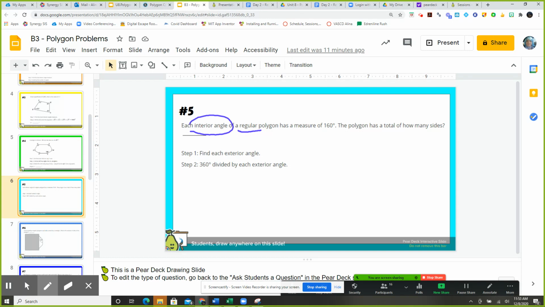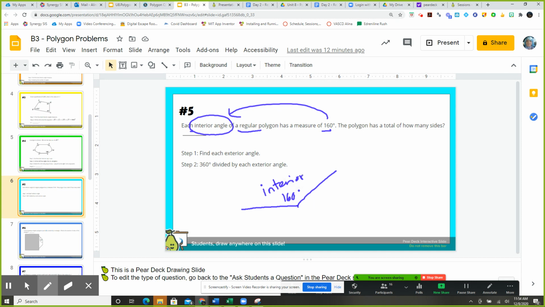But what does that 160 refer to? It talks about the interior angle. So I'm going to draw an angle that I think looks like it's about 160. And I'm going to label it interior.